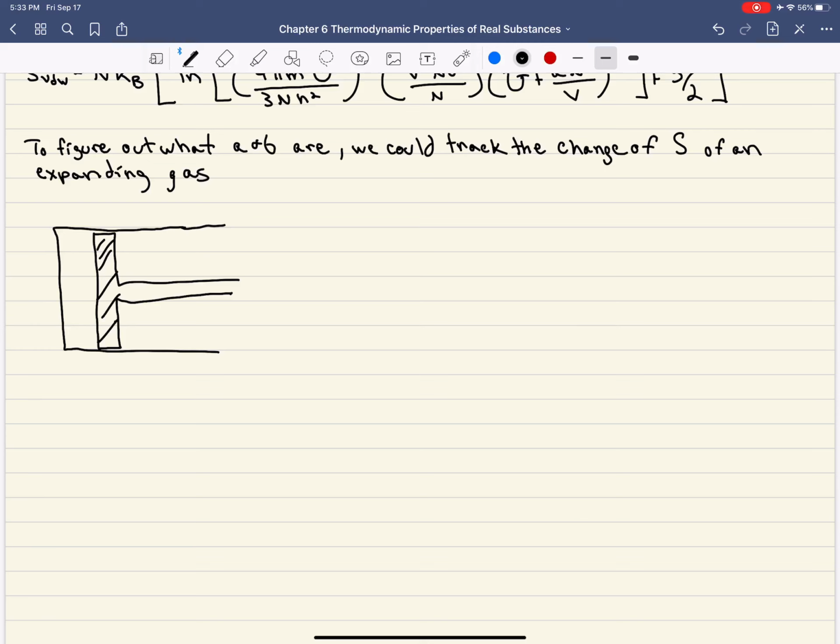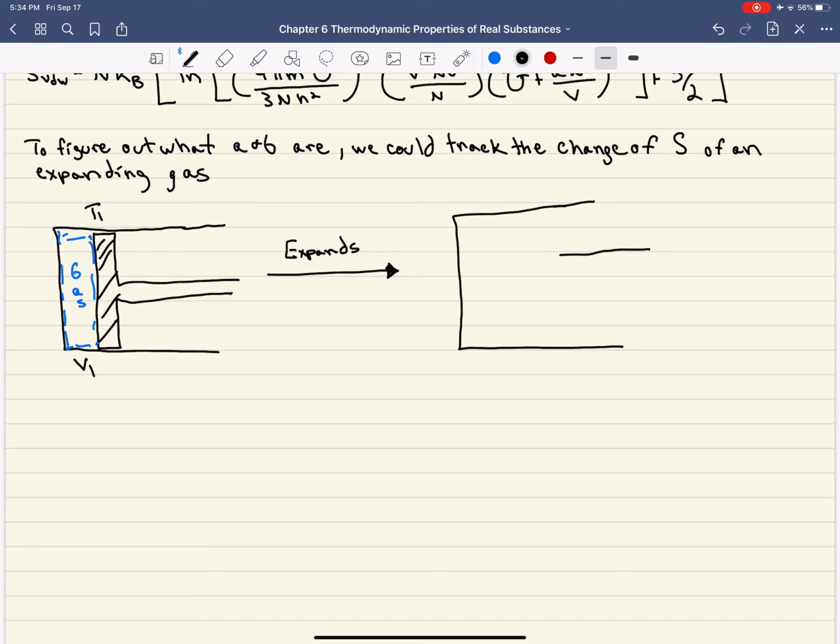We start our experiment with some gas that's compressed, at temperature T1, volume V1, and then we somehow control the expansion of the gas so that it's at a new volume and a new temperature.